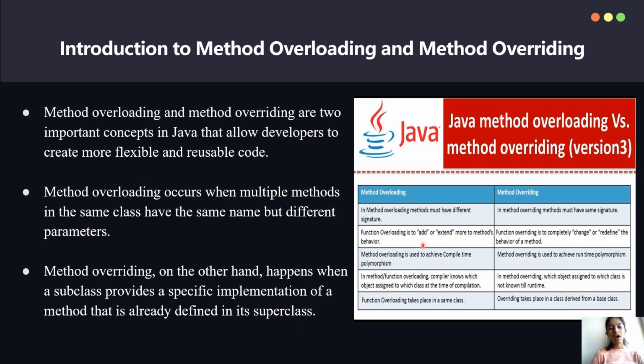Method overriding, on the other hand, happens when a subclass provides a specific implementation of a method that is already defined in its superclass. Here we can see the difference between method overloading and method overriding.